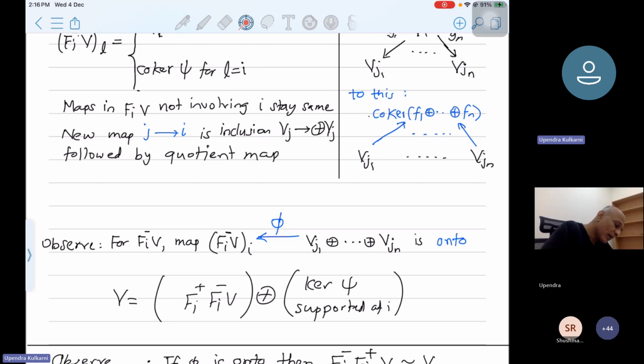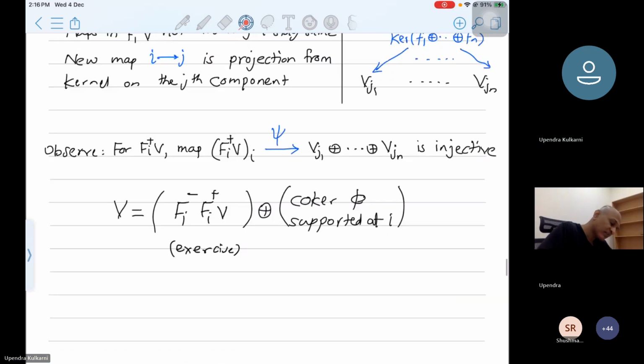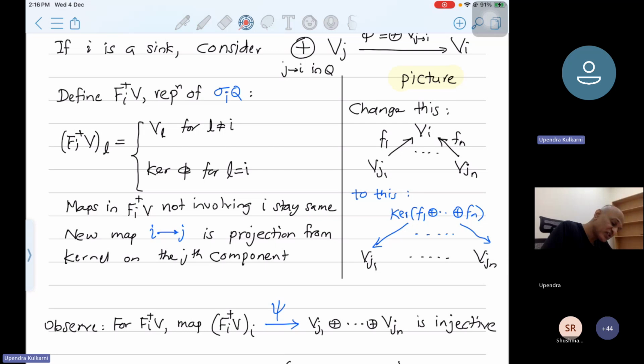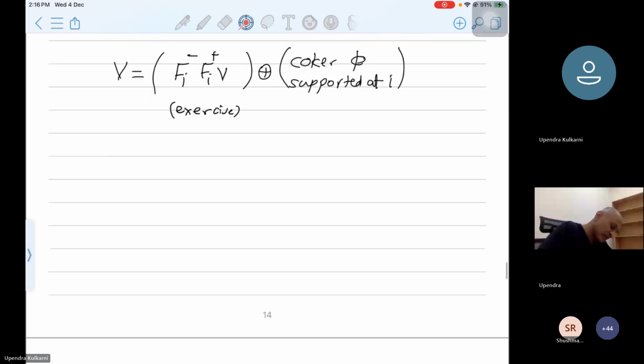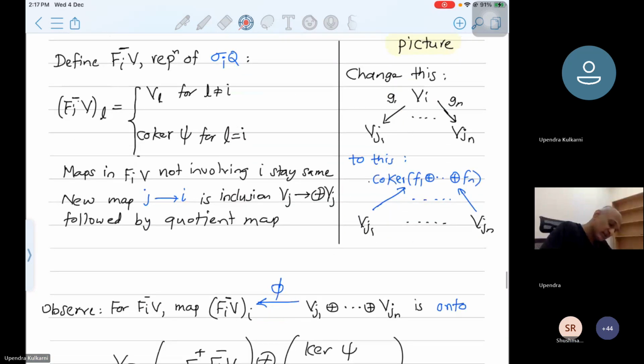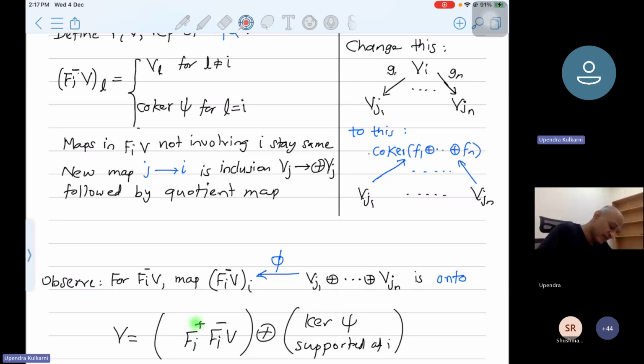So what does it mean to say that I apply Fi plus to that? Okay, so let's go back and see what Fi plus does. What Fi plus does is that it chains together all the maps that are mapping into my hotspot, and then takes the kernel of the direct sum of those maps. Okay, so keep that in mind. Let's do that over here. The representation to which I'm applying Fi plus is not the original one, but it is this one. So this is the hotspot I. What is connected to it is still the same neighbors as I started with.